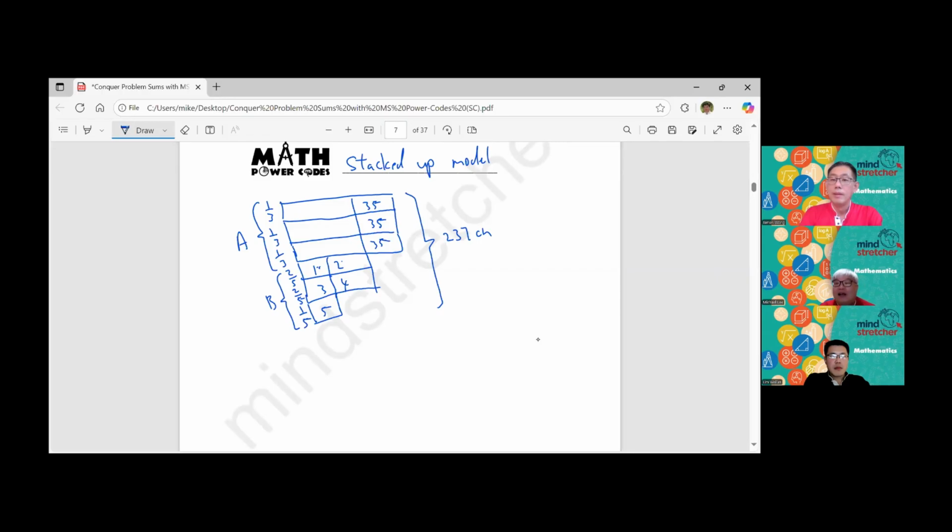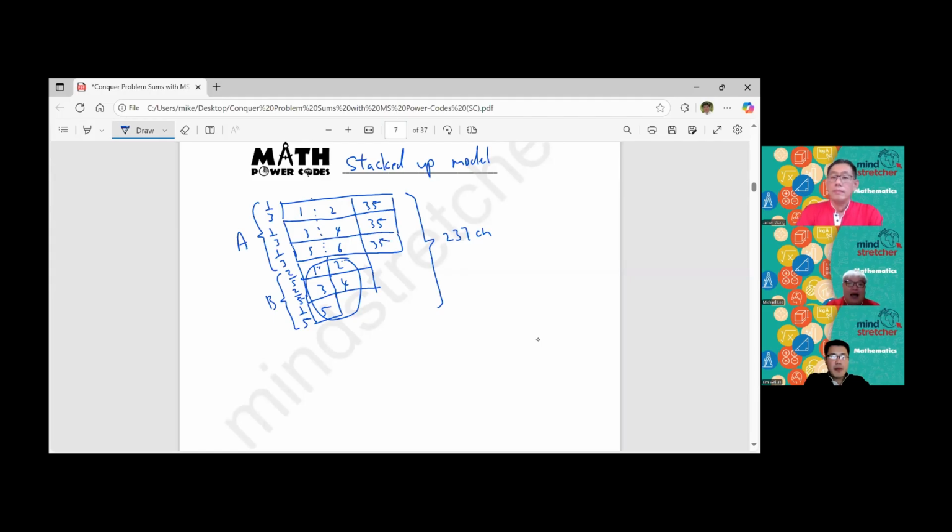Okay, so now let's continue. I think by here, you all should be more or less able to do already. That means if I split up the model, total I have 1 unit, 2 unit, 3, 4, 5, 6, then plus the 5 units here.